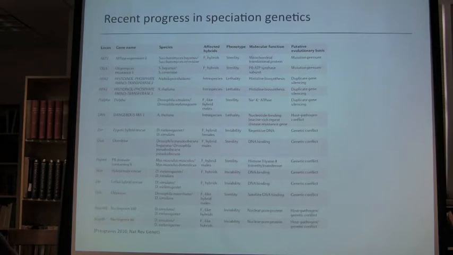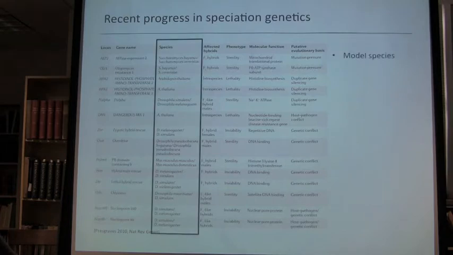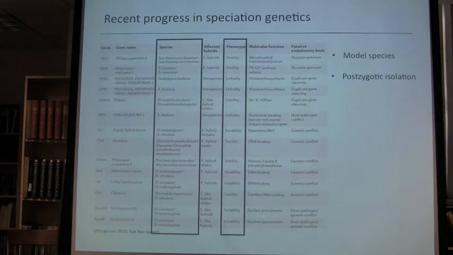The first thing I'd like to point you to is the species column. Here you can see that it's focused only on model species: Saccharomyces, Arabidopsis, Drosophila, particularly Drosophila melanogaster, and there's a Mus example there. Secondly, if you look in the phenotype category, all of the phenotypes of these speciation genes are post-zygotic isolation barriers, or affect post-zygotic isolation.